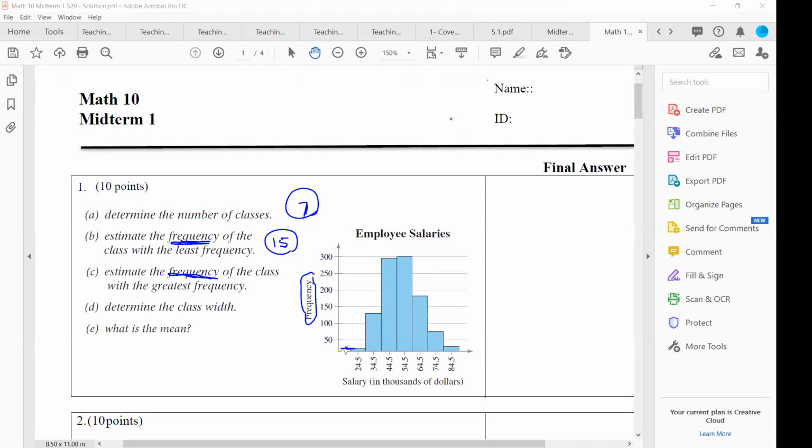Our largest bar is this bar. The representative is 54.5. We don't need the midpoint. We want to know what is the frequency. What's the count? So the count or frequency on the vertical axis is going to be 300, roughly.